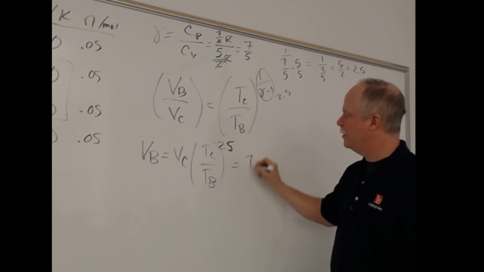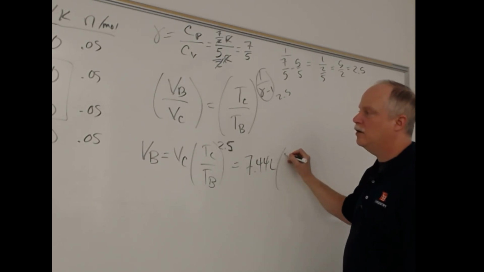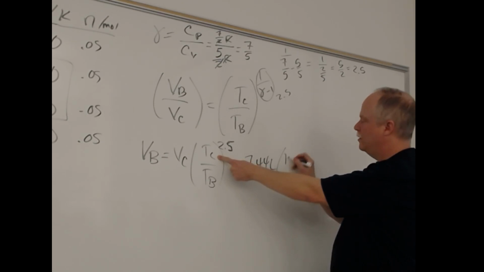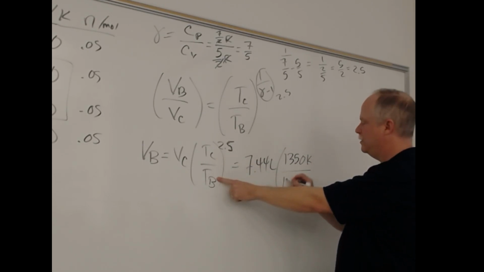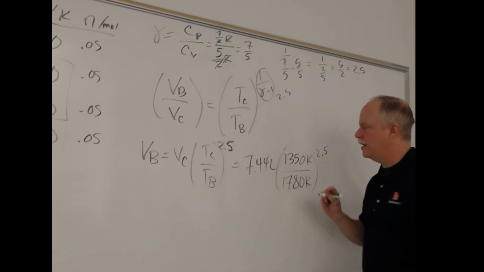VC is 7.44 liters. The temperature at C is the cold temperature, 1350 Kelvin. TB is the hot temperature, 1780 Kelvin, all raised to the 2.5.